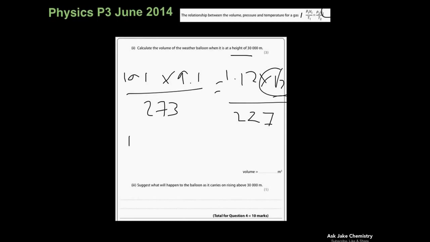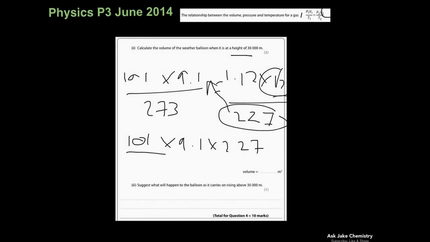So that would be 101 times 9.1 times 227. This is being divided, so you need to times it, and then you times at the top because it's cross multiplication. Then you divide all of this by 273 as we had before, and we times it by 1.12, which was being times.